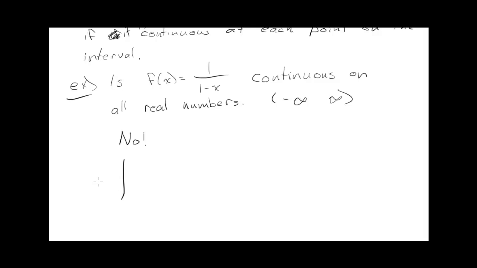Why? Well, graphing this, you'd see there's a horizontal asymptote at 1. So we get that asymptote, and then for the rest, it would look like this.